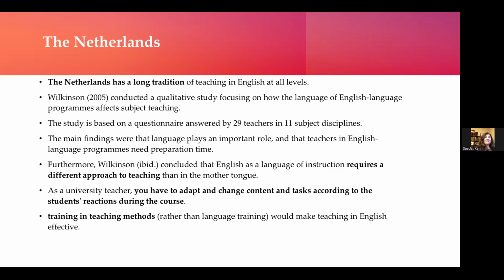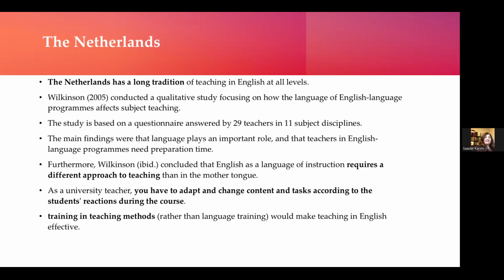The study is based on a questionnaire answered by 29 teachers in 11 subject disciplines. The main findings were that language plays an important role, and the teachers in English language programs need preparation time. Furthermore, Wilkinson concluded that English as a language of instruction requires a different approach to teaching than in the mother tongue.